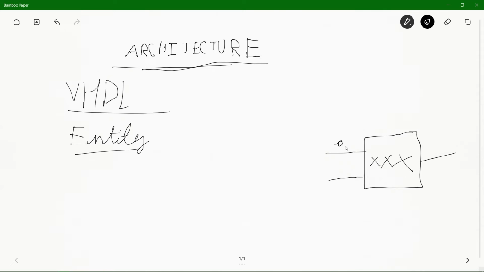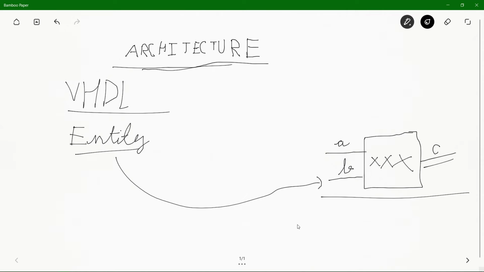This one I am naming to be A, this one I am naming to be B, and this one I am naming to be C. So till my entity part, my compiler is understanding that there will be a block like this where A and B will be my input and C will be my output.